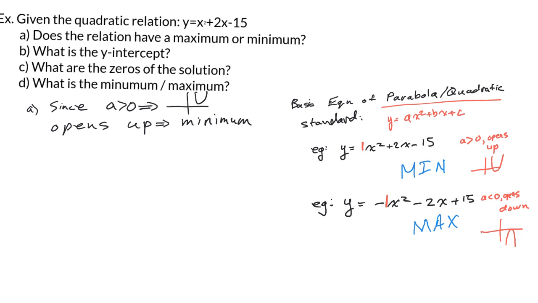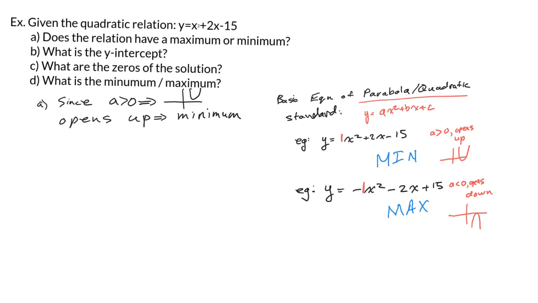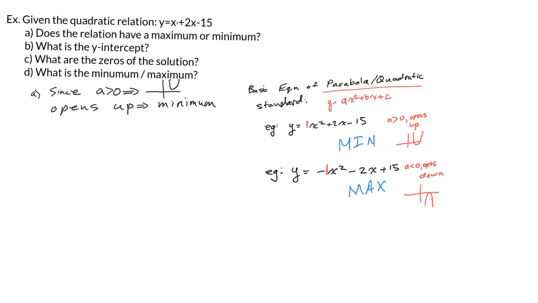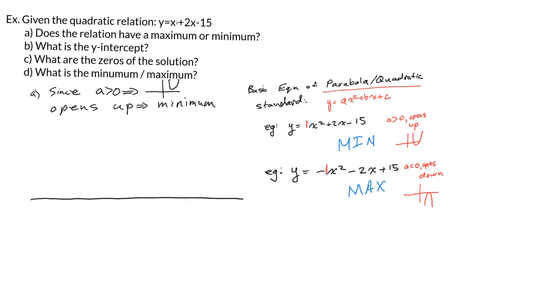So now let's move on to part B. What are the zeros of our solution? Okay. Now, the zeros of our solution come about by actually tying into what we studied before. So when we're looking for the y-intercepts, we have to think about what we used to do before.